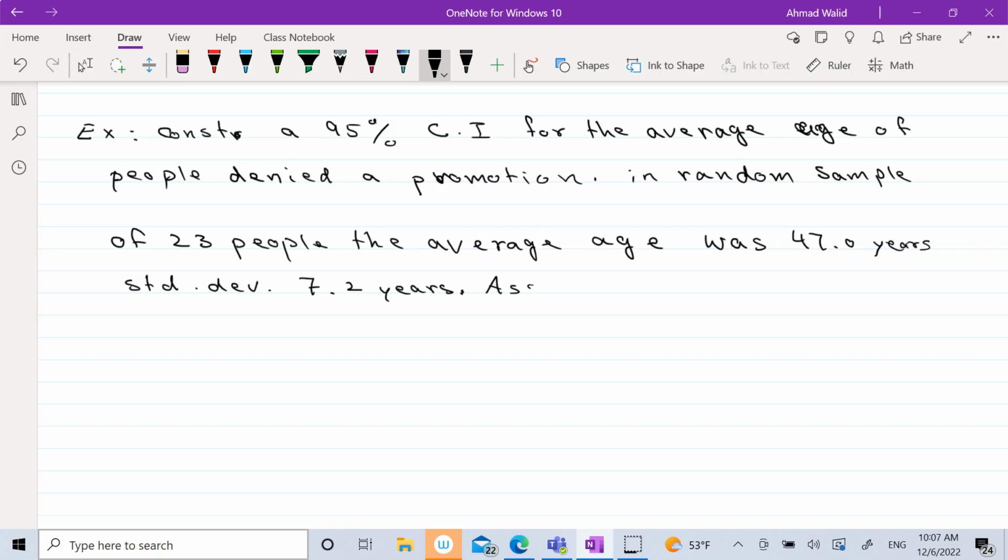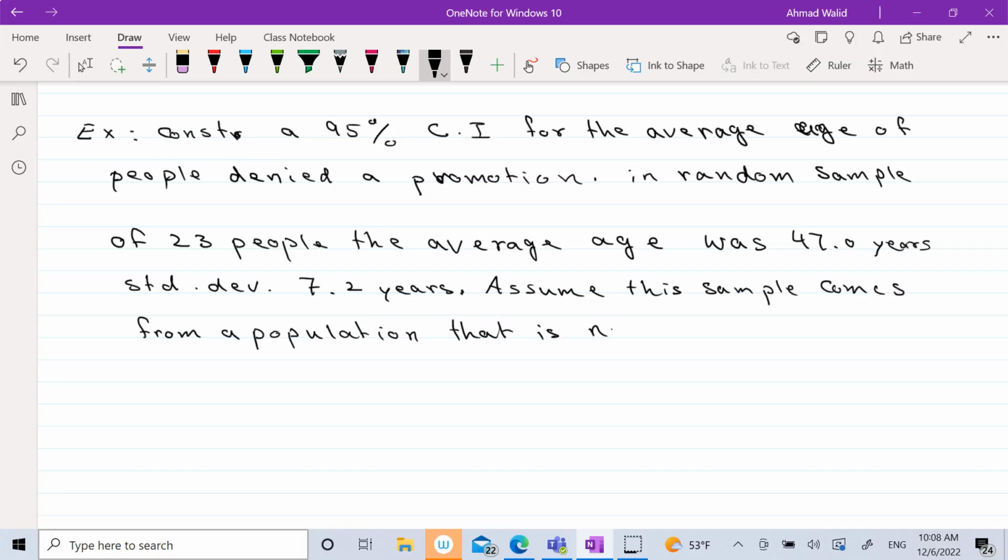Assume this sample comes from a population normally distributed.